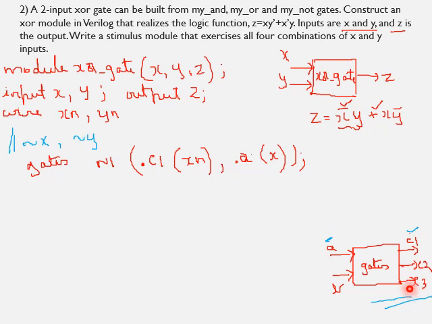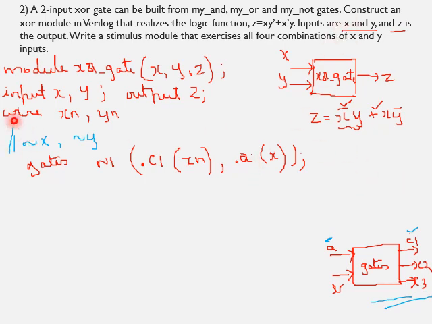If you are using connection by order, then you have to write all the signals. But connection by name means I am specifically telling which signal is to be mapped to which signal in the top module. Okay, so it's enough if I write this. So these are the signals that I have used for realizing my NOT gate. Correct?